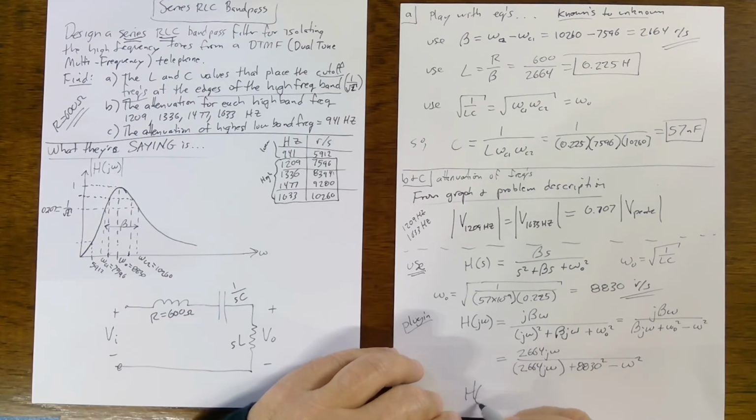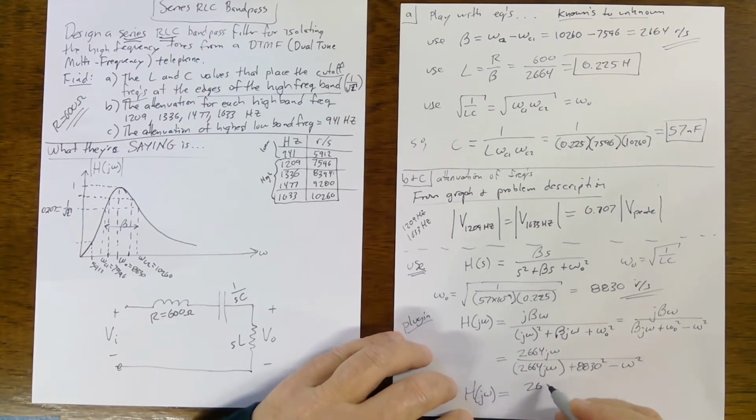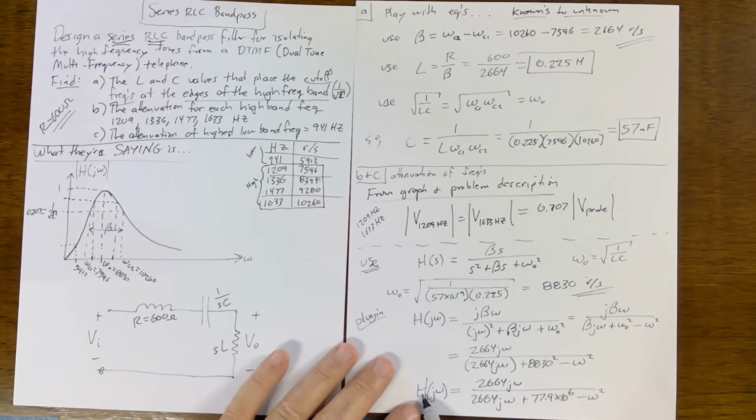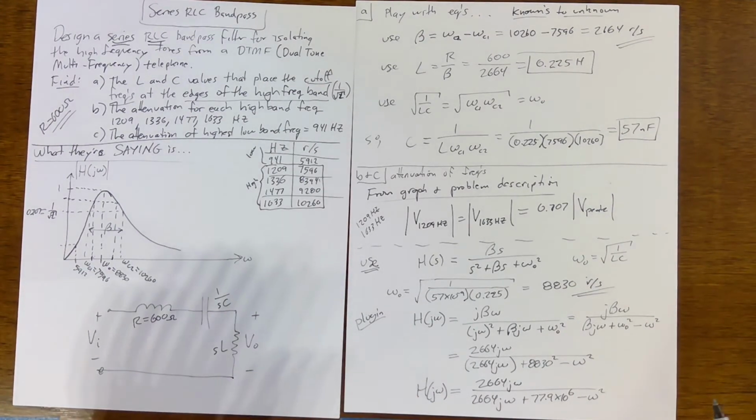So lastly, H at j omega is 2664j omega over 2664j omega plus 77.9 times 10 to the 6 minus omega squared. So this is H of j omega, just a function of omega.